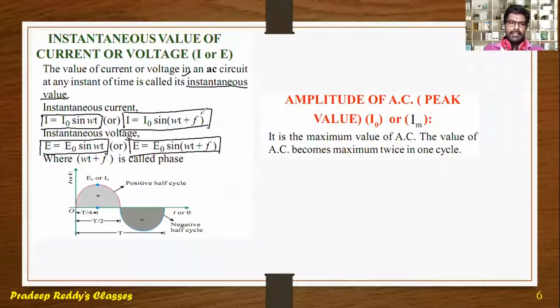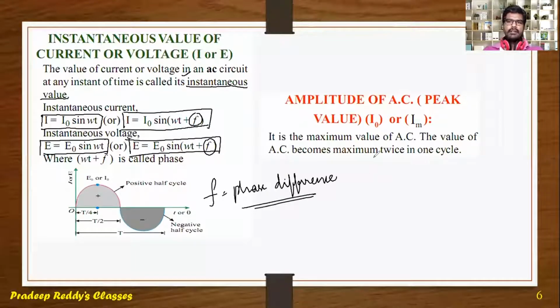Where this phi is called phase difference of the two waves, two AC cycles at a particular instant of time.